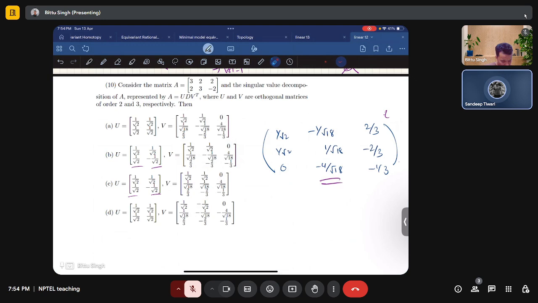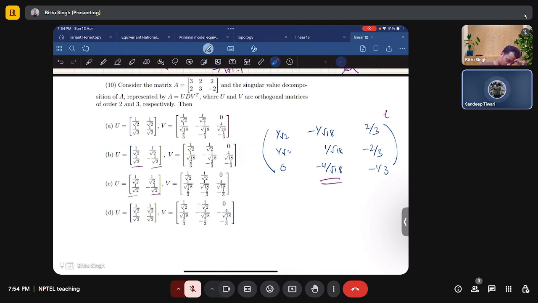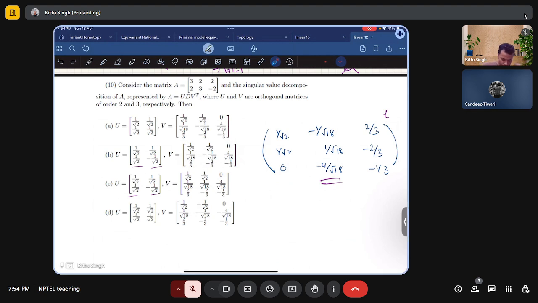Sir, the thing is how they are putting eigenvectors to form the matrix V. Are they putting them as column vectors or considering row vectors? Just let me check that.